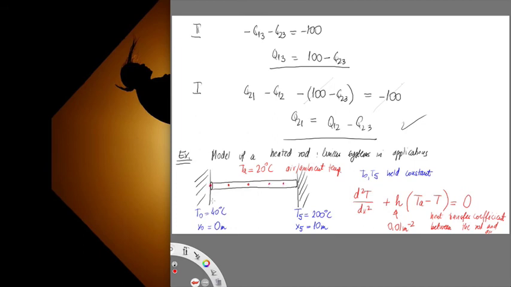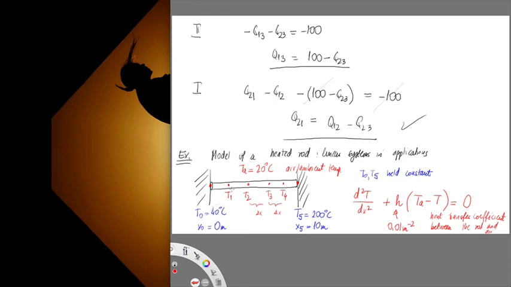This point I know is my 40 Celsius degrees, and this point I know is my 200. So I'm going to call these T1, T2, T3, T4. And to make things simple, they're all going to be delta x apart. So basically, I have divided my rod with these 4 points where I'm looking for temperature. So all I'm looking for numerically is these 4 values, T1, T2, T3, T4.